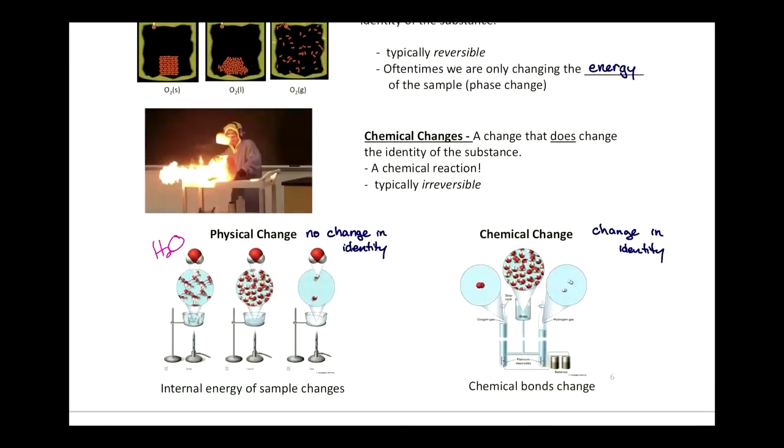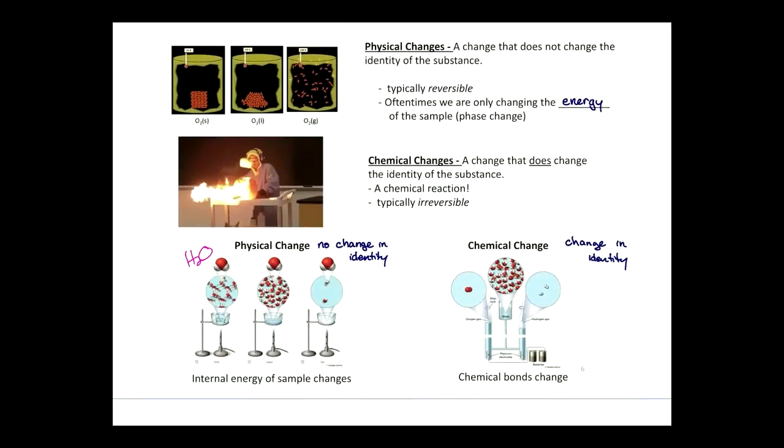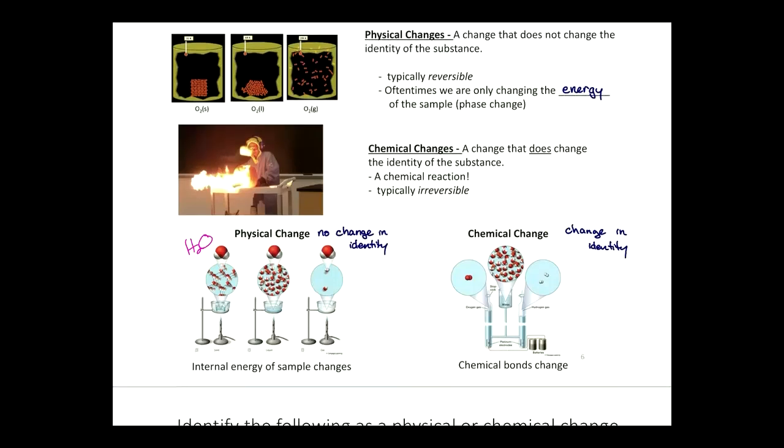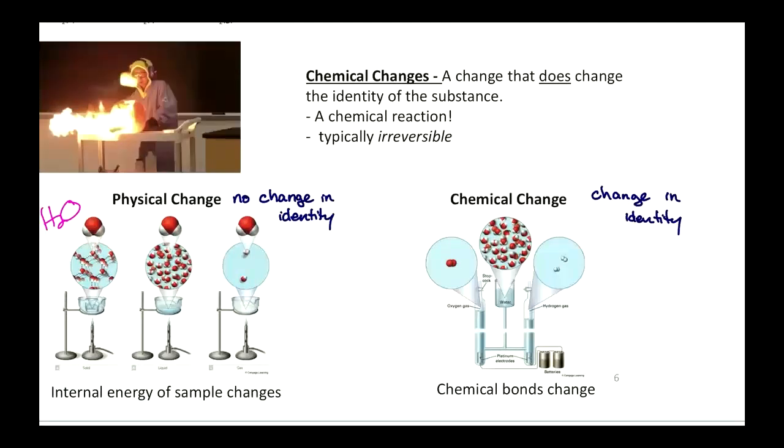Versus chemical changes, which are different, and more fun. A chemical change is a change that does change the identity of the substance. These are chemical reactions. So in this example, we are changing the identity of the things that are here. I'm taking O2, reacting it with H2, and making H2O.